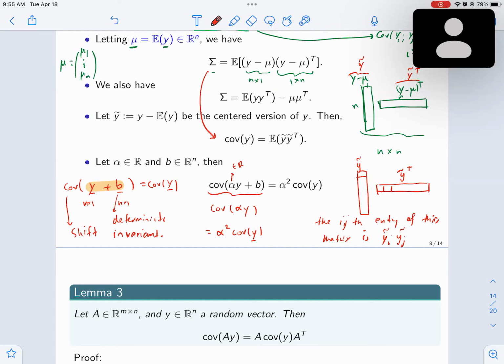And so when you plug it in here, you get two alphas multiplied by each other, and it comes out to alpha squared. So everything follows from this formula. Okay, but it's good to have this in mind. Covariance is shift invariant, and also this is how it behaves under scaling. Sounds good? Sort of.